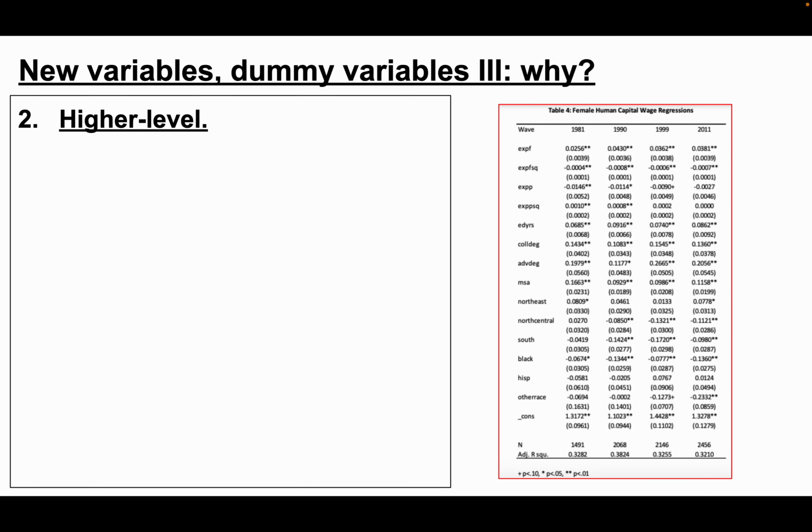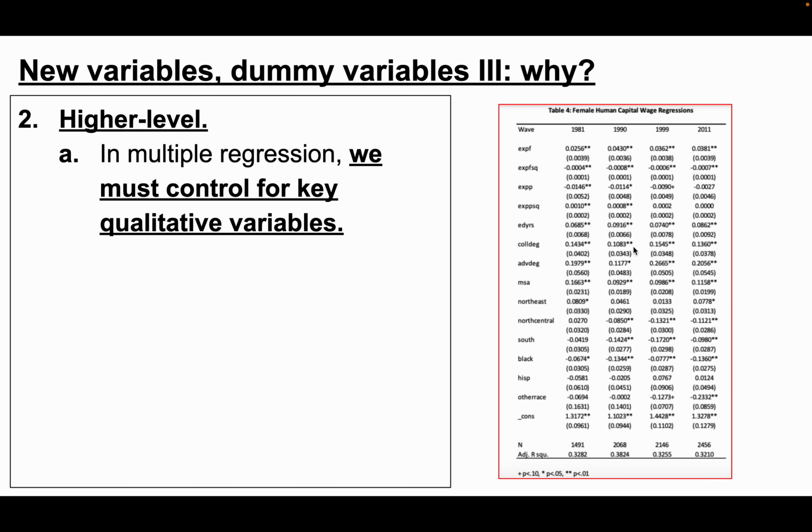So here's another kind of justification at a higher level. If you look at a table like this of regression results, which you may have seen before, you may not have, basically what this is showing you is when people say, well, controlling for, say, the metropolitan size, or the fact that someone was in the Northeast, or that they were in the South, or that they were Black or Hispanic, we estimate that their experience had this impact on their wages.